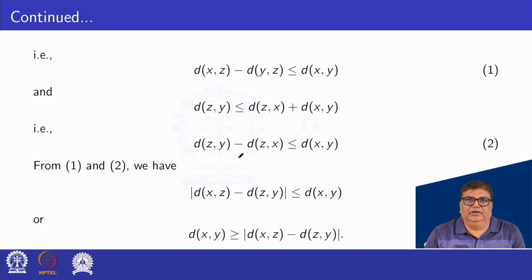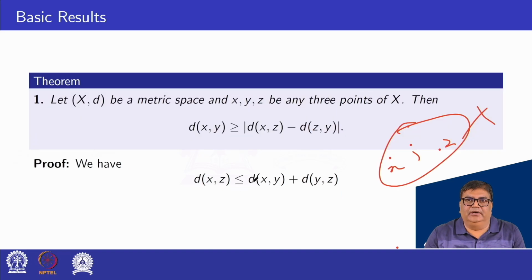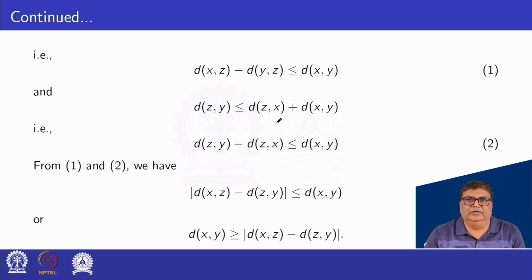Here in equation 1, d(x,y) is greater than or equal to d(x,z) minus d(y,z), and from equation 2 we have d(x,y) greater than or equal to d(z,y) minus d(z,x), that is, the position is reversed. So we can write d(x,y) is greater than or equal to the modulus of d(x,z) minus d(z,y). Hence proved.